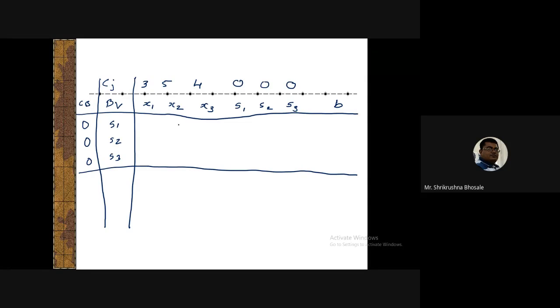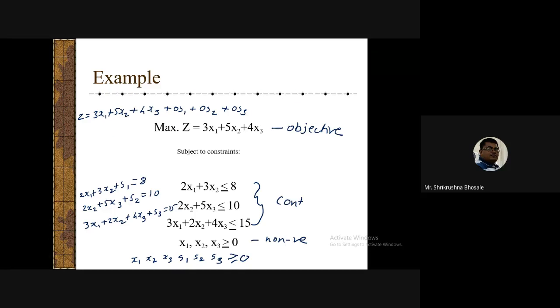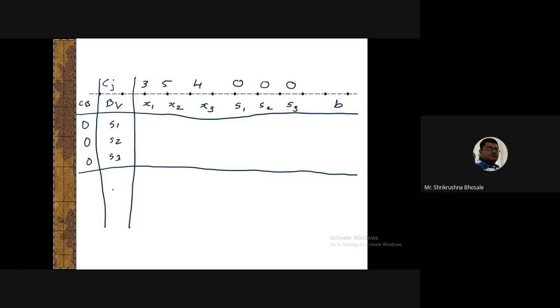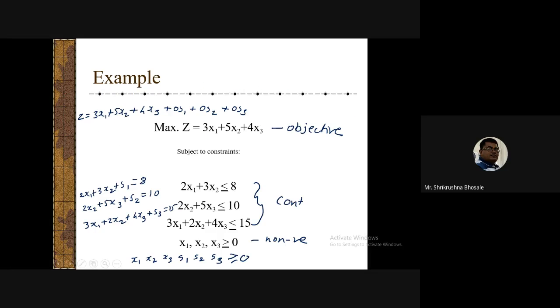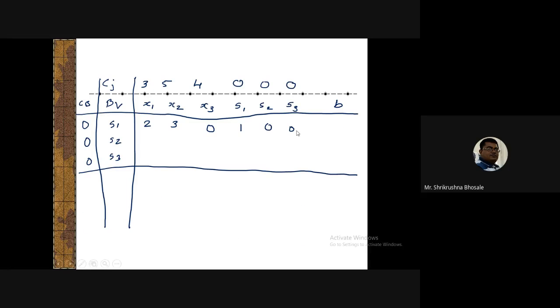Then the first equation: 2x1 plus 3x2, x3 is not there so 0, s1 is 1, 0, 0, and the b value is 8.